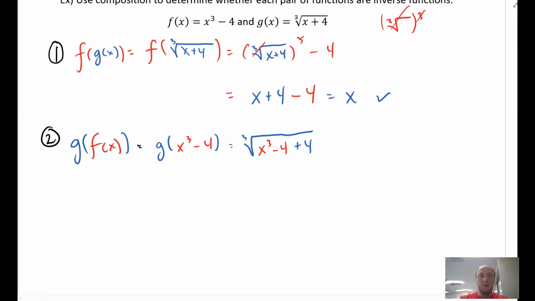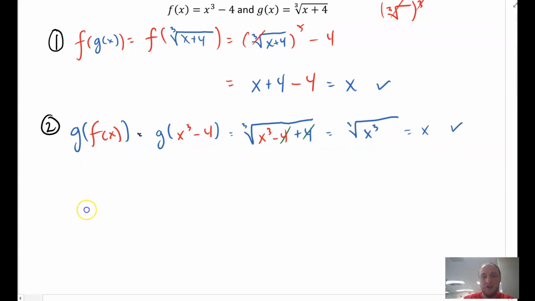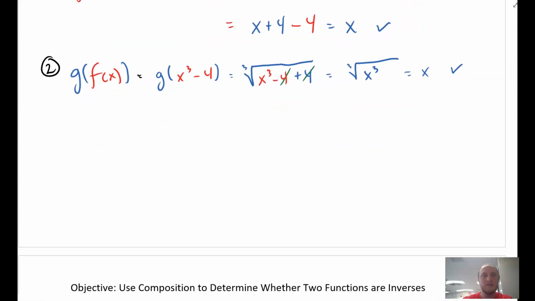So I have to reduce this. I have the cubic root of x cubed, because here my negative 4 and positive 4 cancel, and we have the cubic root of x cubed, which is just x. So condition 2 is satisfied. So what is our conclusion?